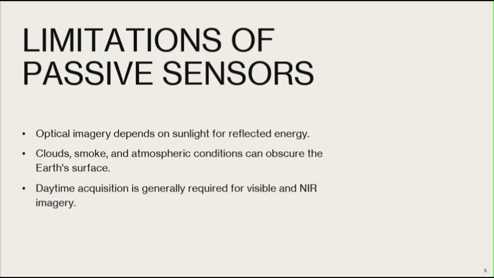So it's a misconception that just because it's a passive sensor, people think that it needs daylight, but that's not true. Passive sensors can operate during the day and night. And so clouds, smoke, and atmospheric conditions can obscure the Earth's surface. So that's a limitation of passive sensors, and daytime acquisition is generally required for visible and near infrared imagery.